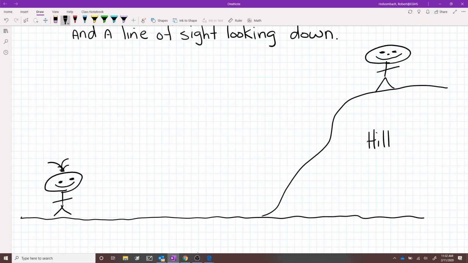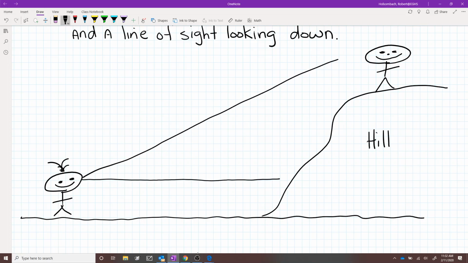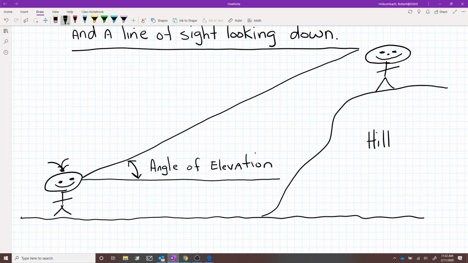A horizontal and a line of sight looking up, this is an angle of elevation. A horizontal line and your line of sight looking down, that's angle of depression.